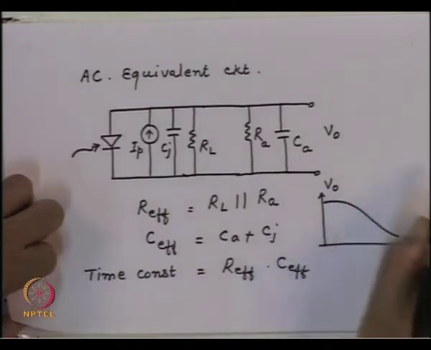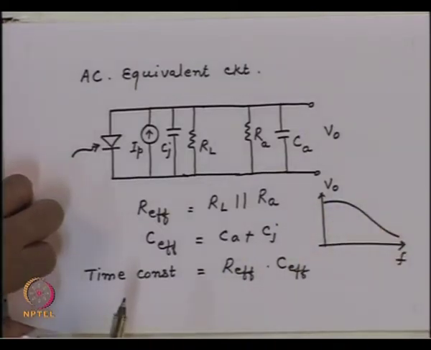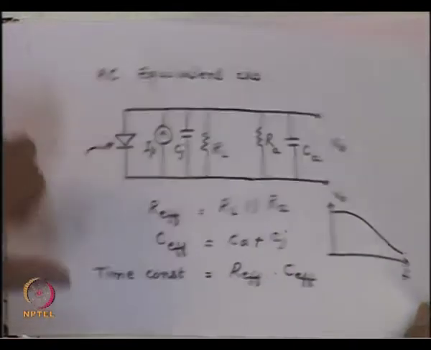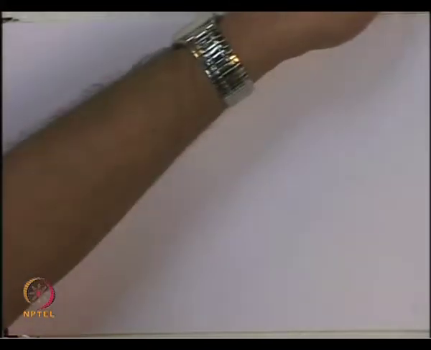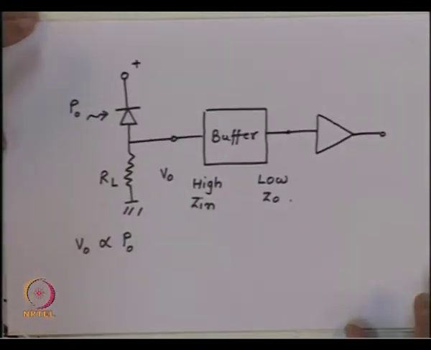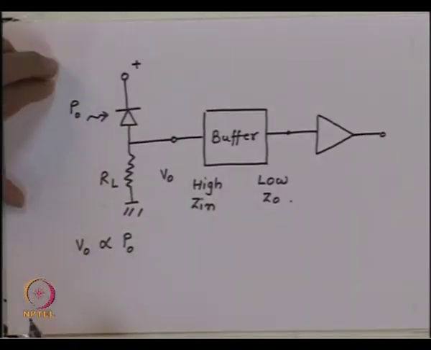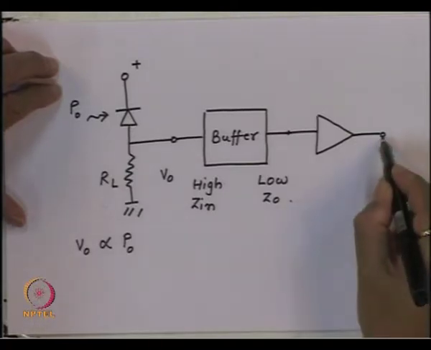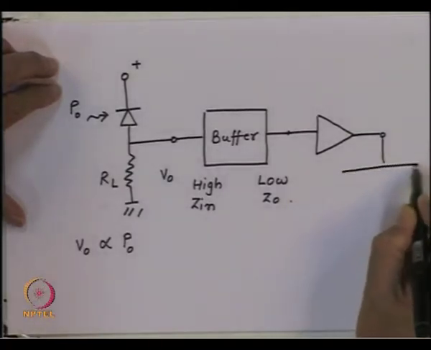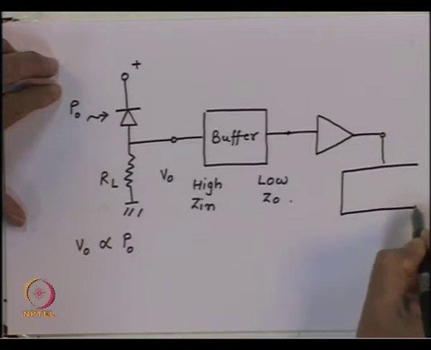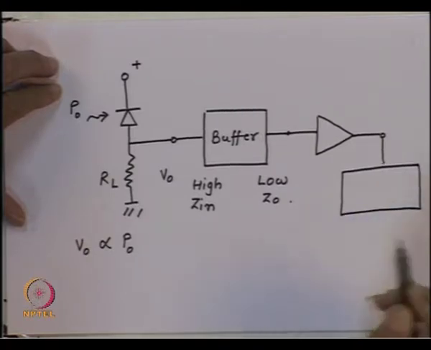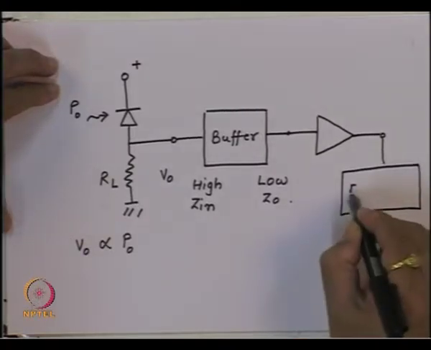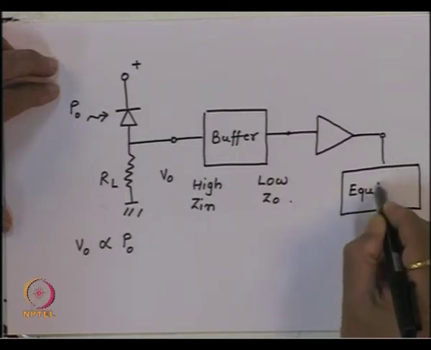So you get an output which is more or less flat over a very wide band. So the configuration for a wide band response would be that you have to take this and pass it through an equalizer, which essentially is a high pass filter.